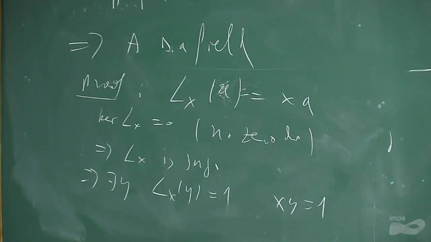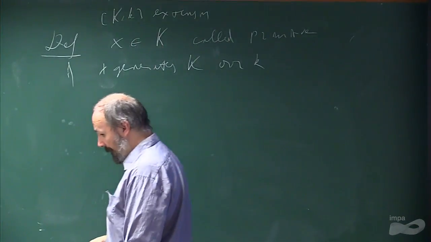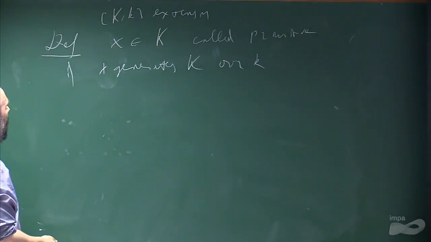So definition. Suppose that K big over K small is an extension. An element x inside K big is called primitive if x generates K big over K small, generates in a multiplicative sense: x, x squared, x cubed, and so on.